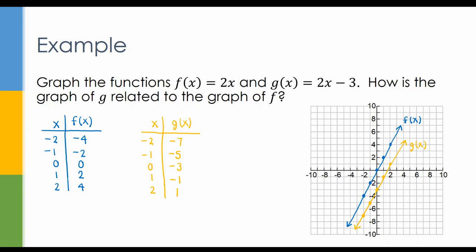So then once again, the question says, how is the graph of g related to the graph of f? So notice that they are the exact same line as far as their slopes are concerned. They're increasing at the same rate. But notice that the g of x is below f of x. And notice that it's below by 3.